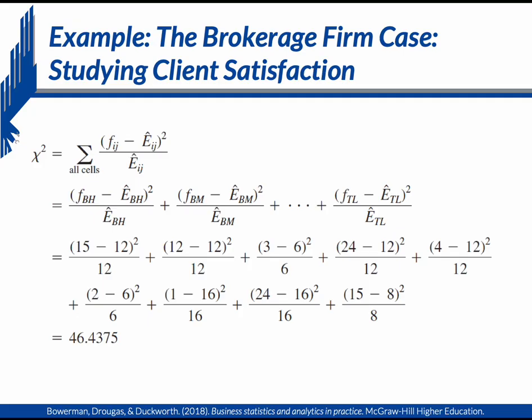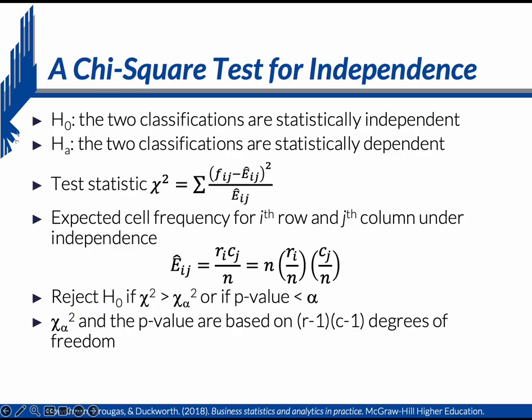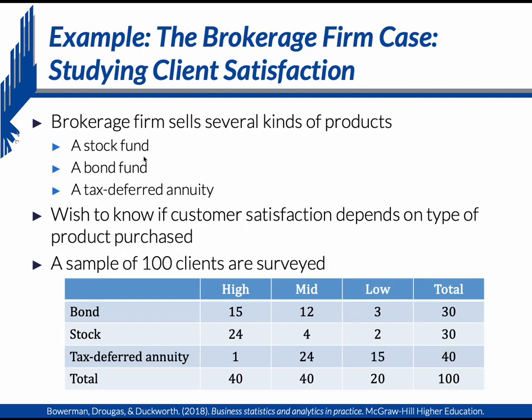Since the test statistic is clearly greater than that critical value, at an alpha of 5% we can reject the null hypothesis. Therefore, we have strong evidence, we are 95% confident, that the two variables, the type of fund purchased and the satisfaction rating, are associated or dependent or related to each other.